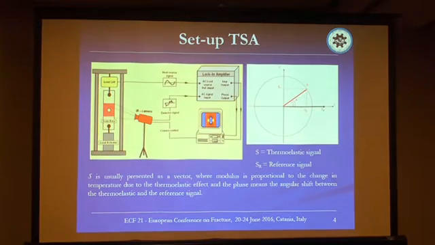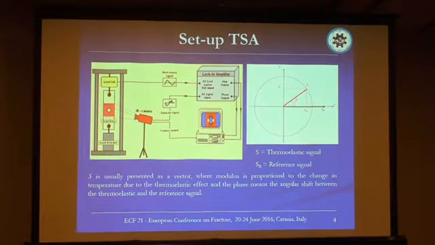A typical thermoelastic stress analysis setup includes a loading machine, an infrared camera, and a lock-in amplifier. The signal from the loading machine and the signal from the detector are analyzed by the lock-in amplifier, so we can have the outputs, the amplitude and the phase signal.